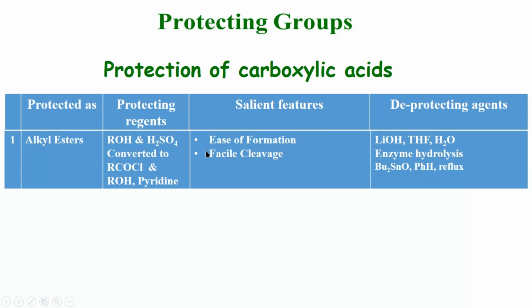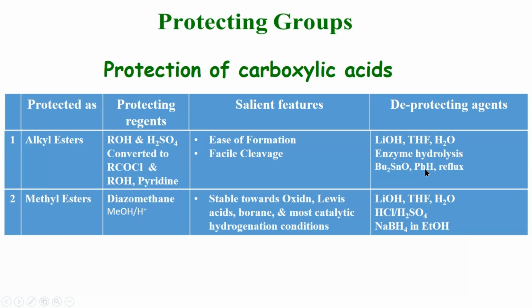The salient features in the preparation of alkyl and aryl esters are the ease of formation and a facile cleavage. They are cleaved by using a mild base like lithium hydroxide in the presence of THF and water as the solvent. This can also be accomplished by enzymatic hydrolysis using various hydrolytic enzymes, and by reduction.